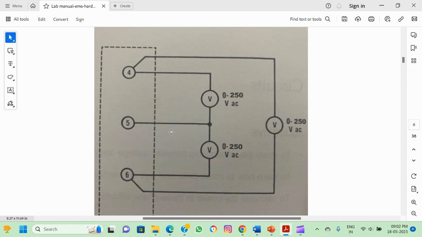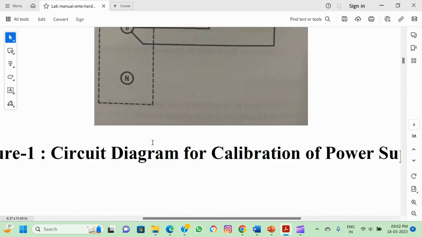Already on the panel we have a voltmeter, so we will take these two readings here and the panel voltmeter.